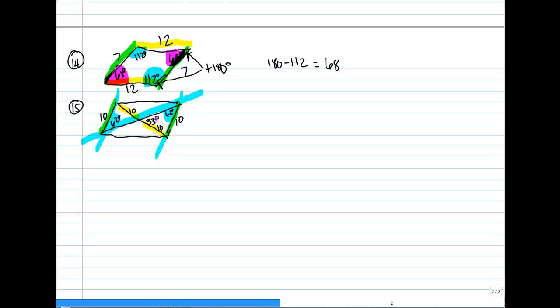And then lastly, if this is 33 degrees, this angle here is vertical to that, so that makes it 33 degrees also. If this side is 20, this side is also 20.